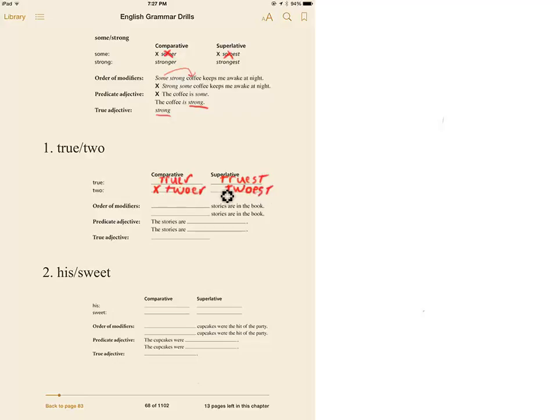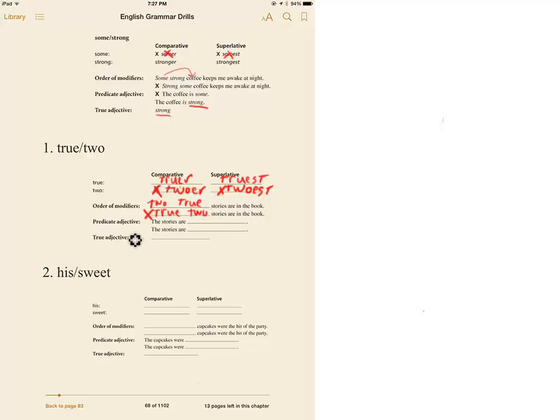Those don't make sense, so I put an X there saying that they're not proper. Then the order of modifiers. Stories are in the book. I would say two true stories are in the book, and that would be correct because the true has to come right next to stories. But I could not say this. True two stories are in the book. So I put an X saying that is not proper.